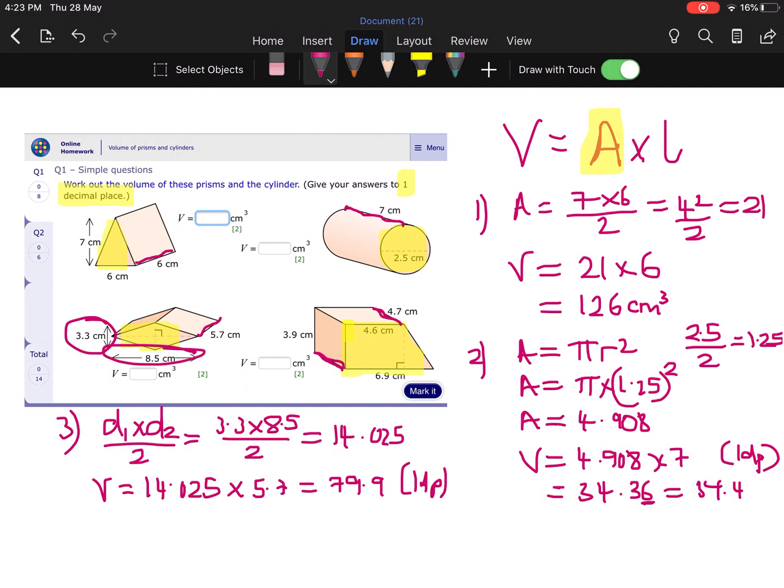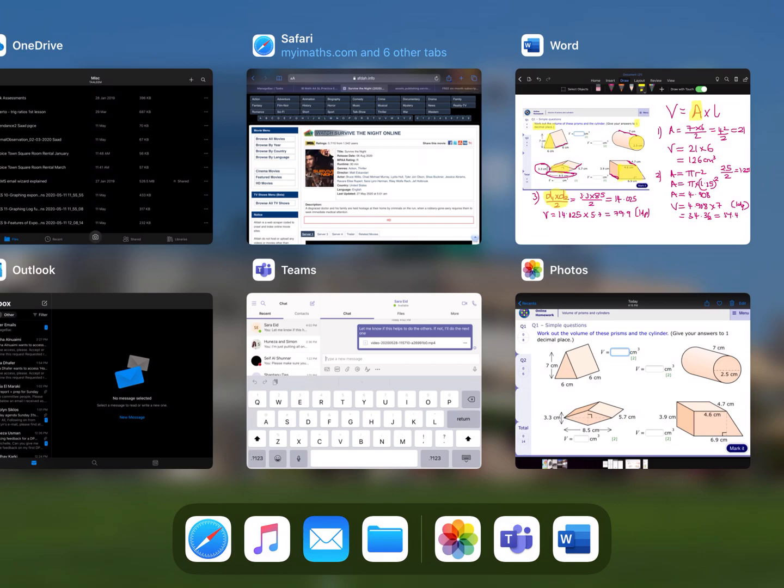Now, I don't expect you to know this formula, but you can get it by just going to Google.